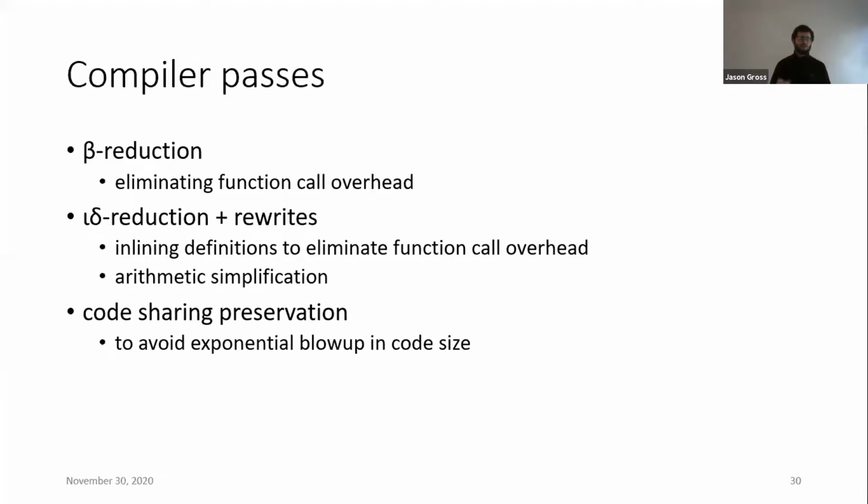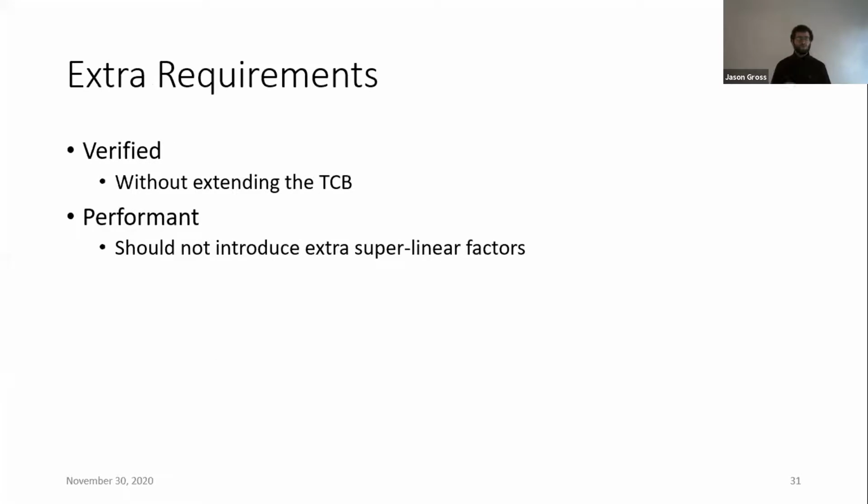And I want to note that each of these requirements can be thought of as a kind of compiler pass. There are a couple of extra requirements in the context of fiat crypto, which are that the entire process needs to be verified without extending the trusted code base. And it should be performant. It should not introduce extra superlinear factors.